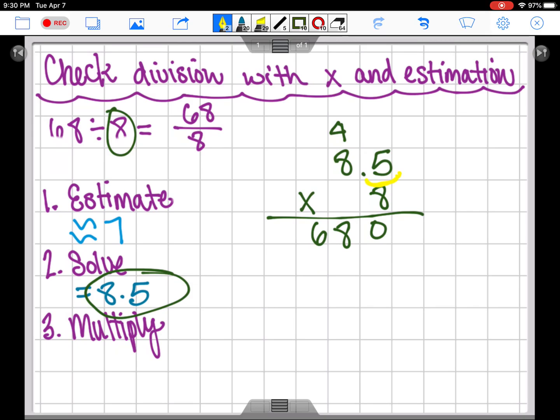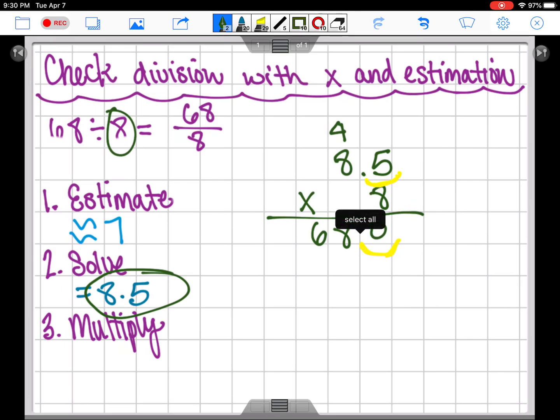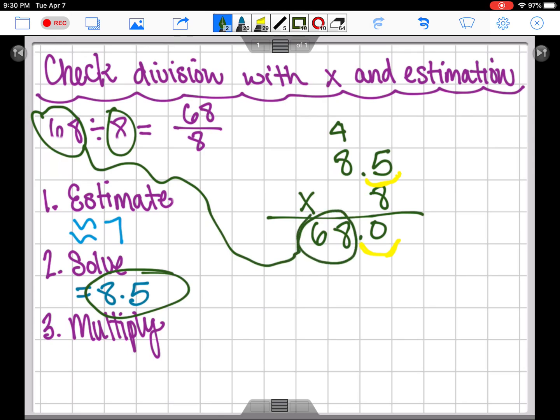We have one place behind the decimal here, so we've got to have the same place value behind the decimal in our product as we do in our factors. Now, this is very exciting because 68 equals 68. Congratulations, guys.